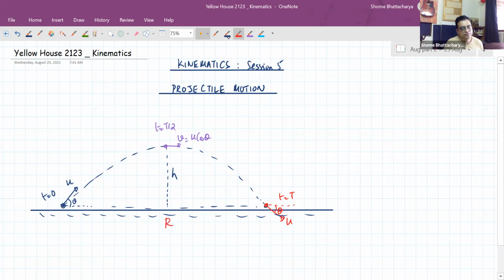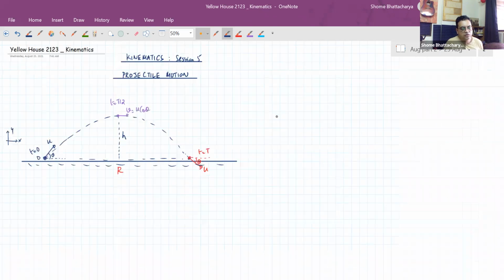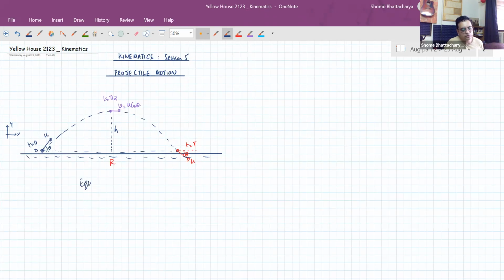And also the horizontal range is R. So the important equations here: if we take vertical and horizontal axes like this, and the origin at the position where you release the particle, then we've seen the equations of motion such that at any time t, the position and velocity are given by this kind of relation.